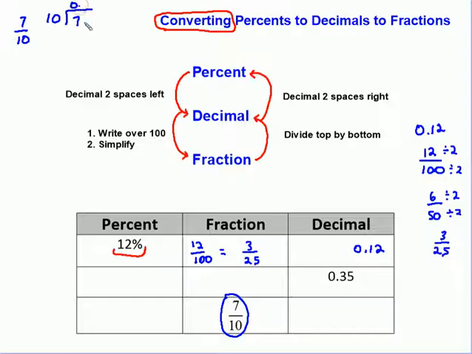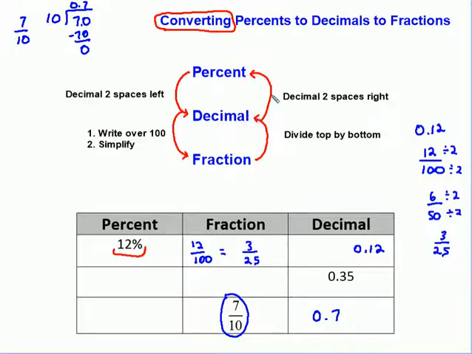We can't take 10 into 7, so we have to add a 0 and a decimal point. Now, 10 goes into 70 7 times. 7 times 10 is 70. Subtract those 2, and we get 0. So as a decimal, 7/10 looks like this, 0.7.